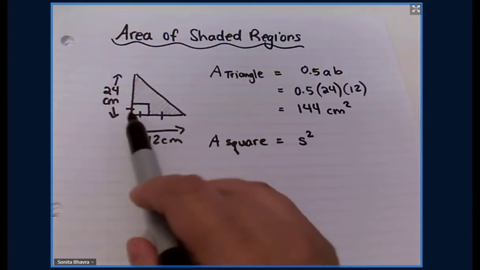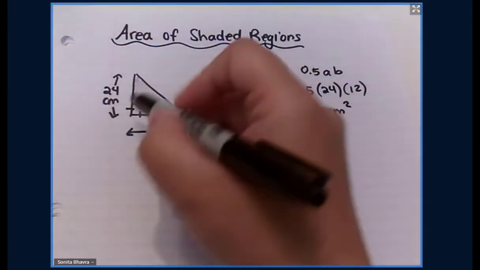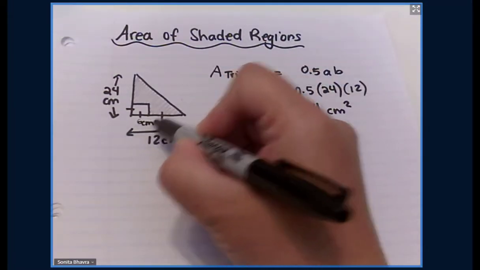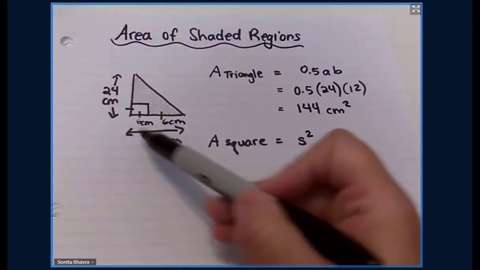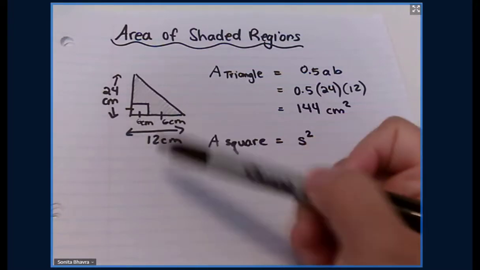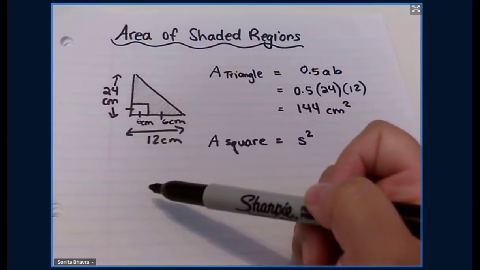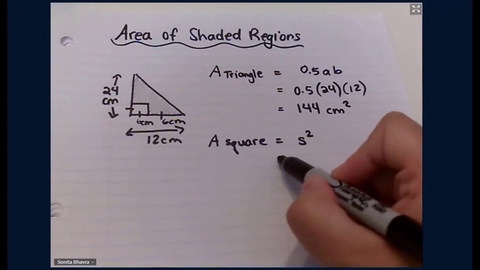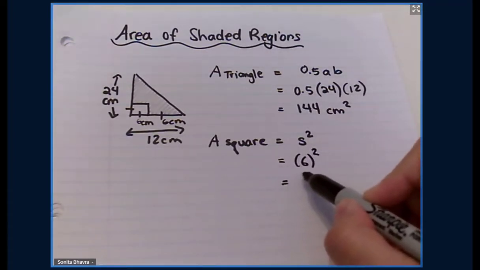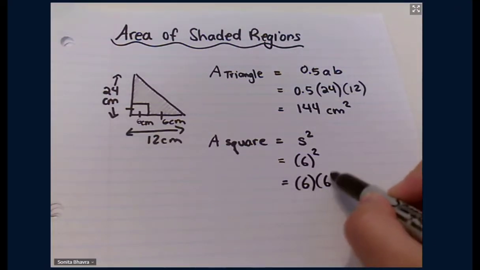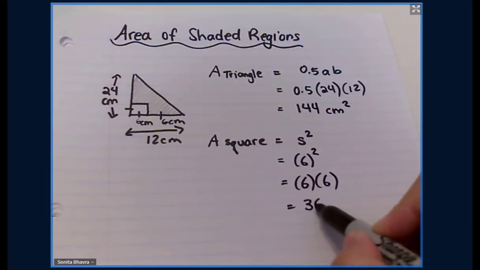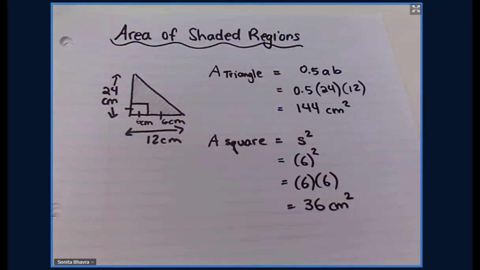So because the whole side is 12, this has to be 6 and this has to be 6. So 6 centimeters and 6 centimeters gives me a total of 12. That means the side of the square is 6 centimeters. So 6 squared, which means 6 times 6, gives me the area of the square as 36 centimeters squared.